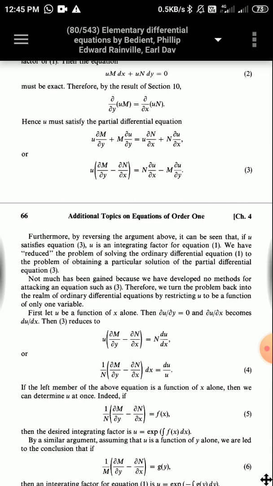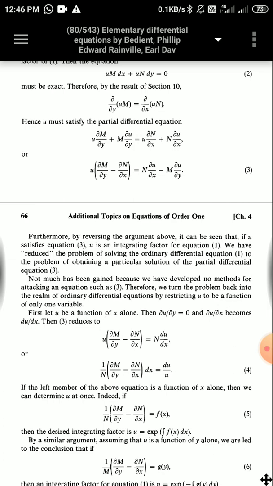We have reduced the problem of solving the ordinary differential equation 1 to the problem of obtaining a particular solution of a partial differential equation 3. Not much has been gained because we have developed no method for attacking equations such as 3.